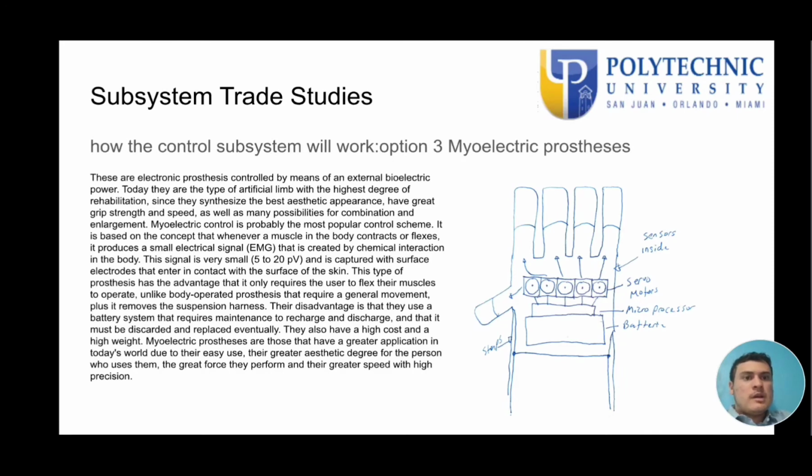Myoelectrical prostheses are those that have greater applications in today's world due to their easy use, their greater aesthetic degree for the person who uses them, and the greater force they perform, and the greater speed and high precision. Here we have a diagram of our myoelectrical prosthesis with the sensors inside.